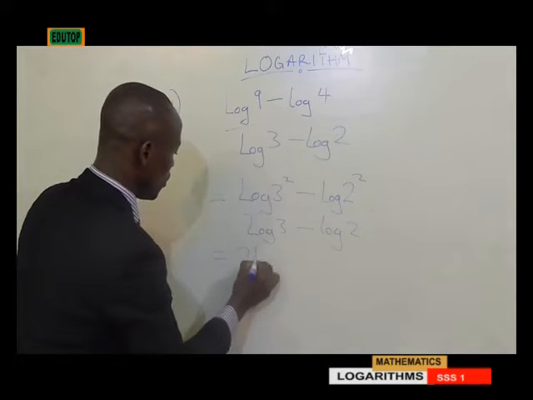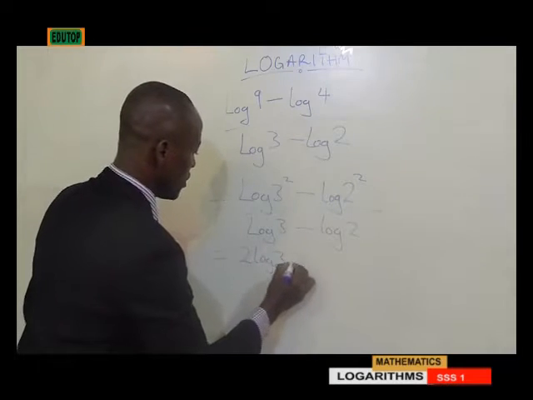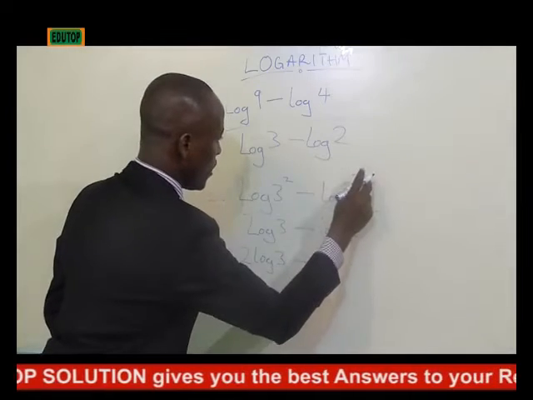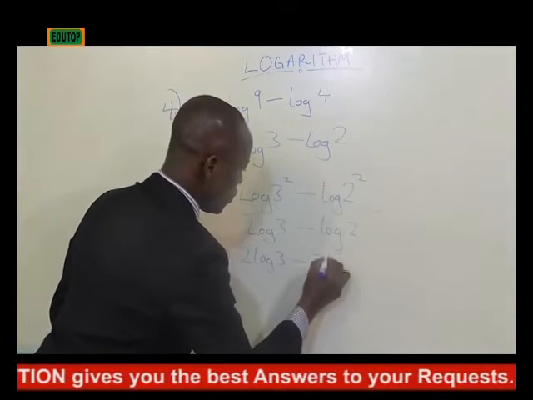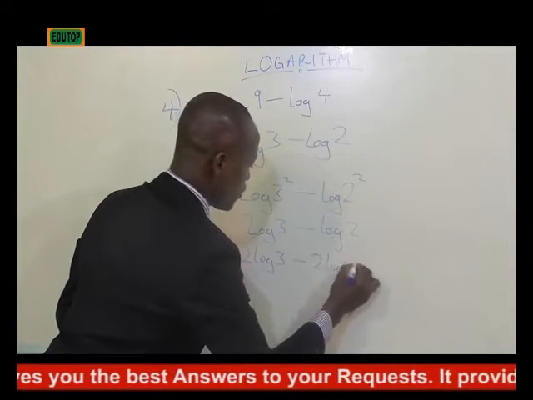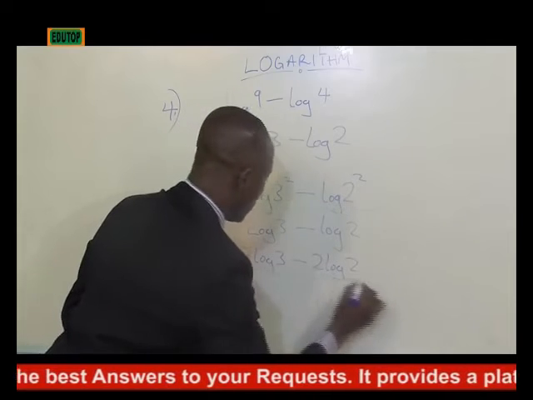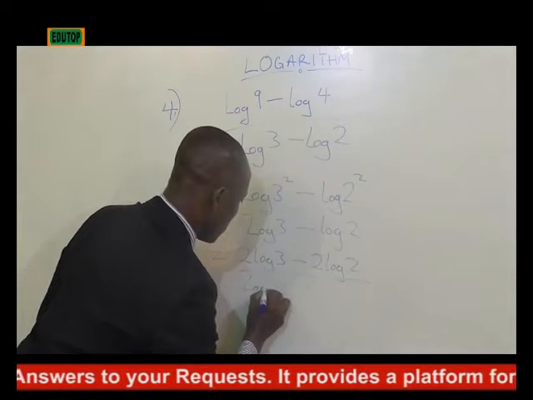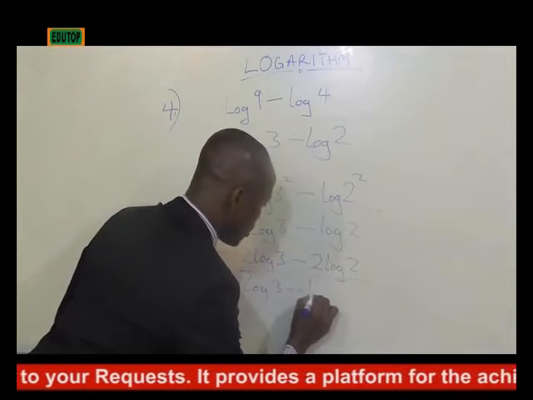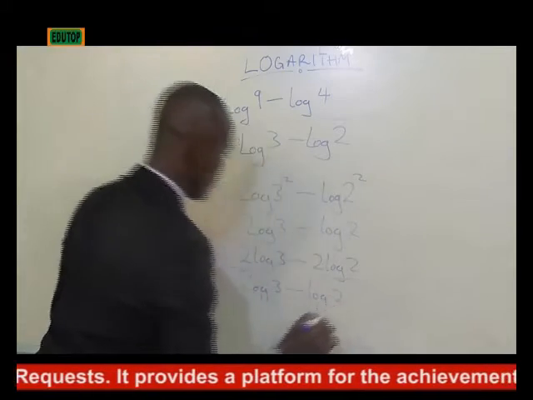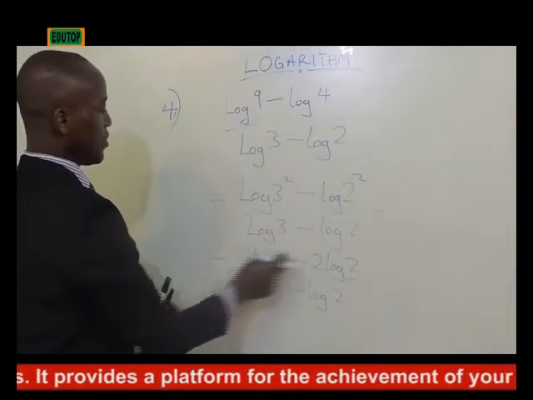That will be 2 log 3 minus, this power we bring it down, 2 log 2 all over log 3 minus log 2.